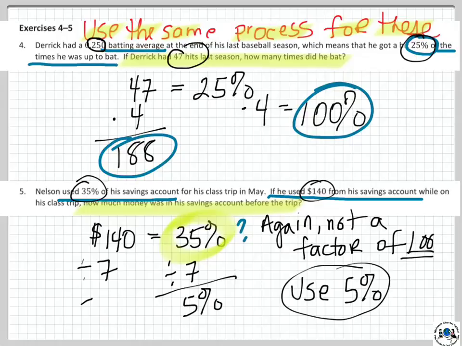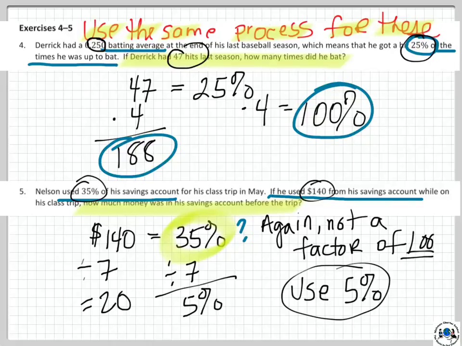So to use 5%, we need to divide that 35 by 7. And like any good algebraic process, what you do to one side, you do to the other. When we divide $140 by 7, we get $20.